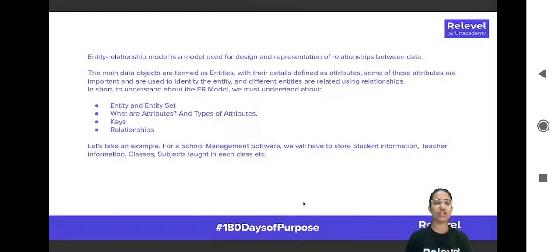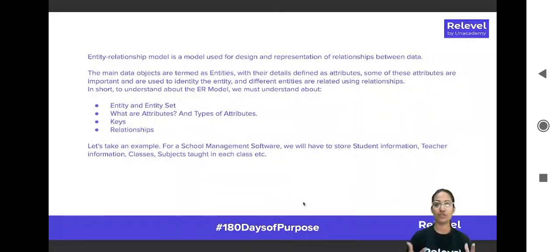So, entity relationship model is a model used to design and represent the relationship between data. If you have some data and you want to draw a relationship between them, to show how the data is related to each other, you use ER models for that.